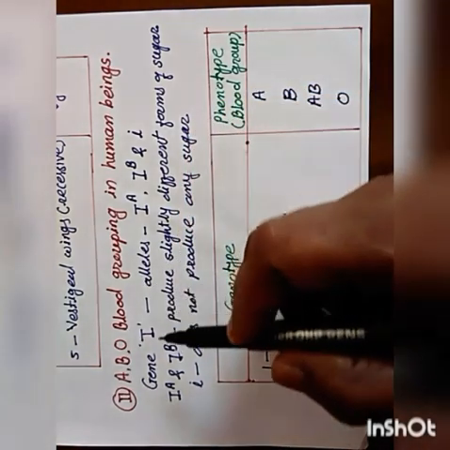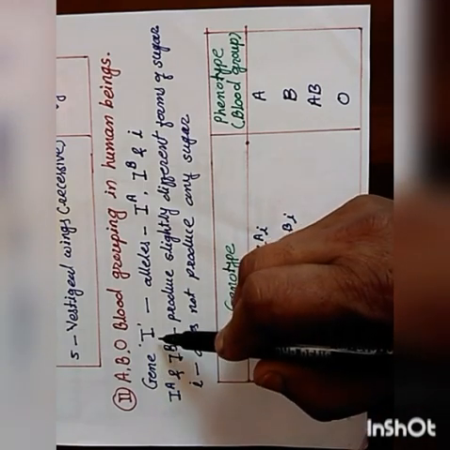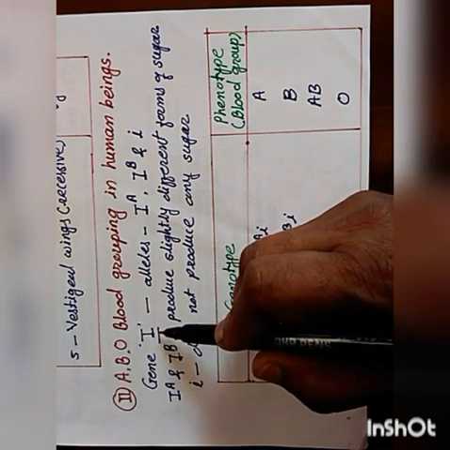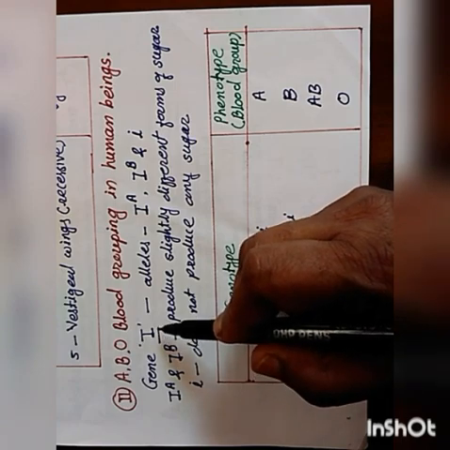Means the blood group is developed due to the gene I. Means this gene I is responsible for the expression of the trait or the character, means the blood group.